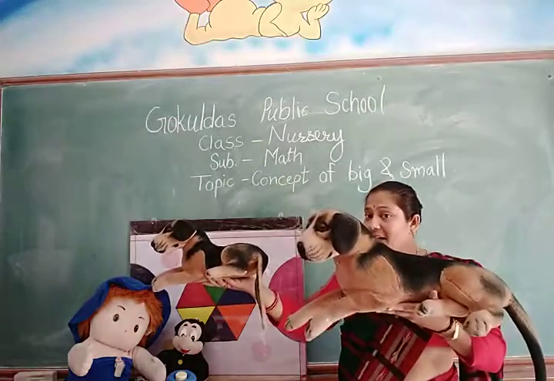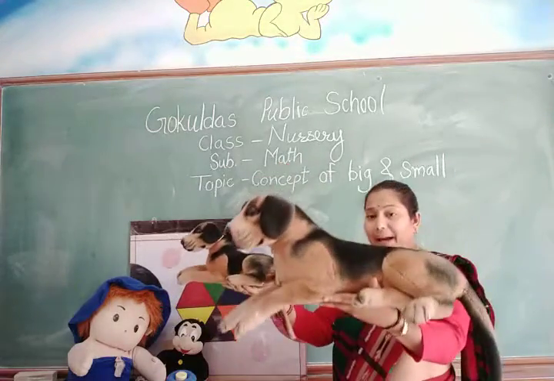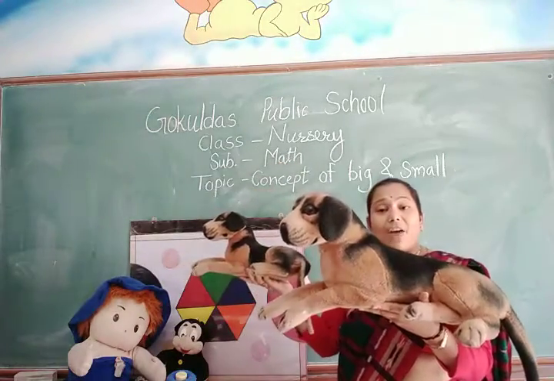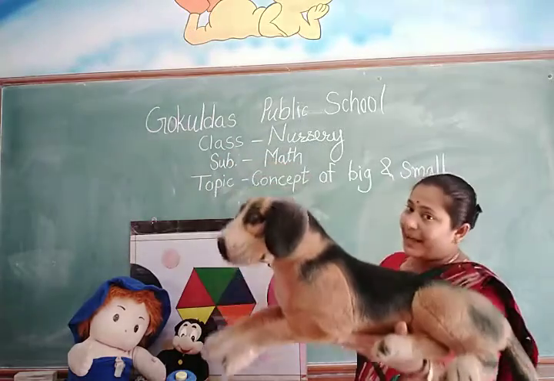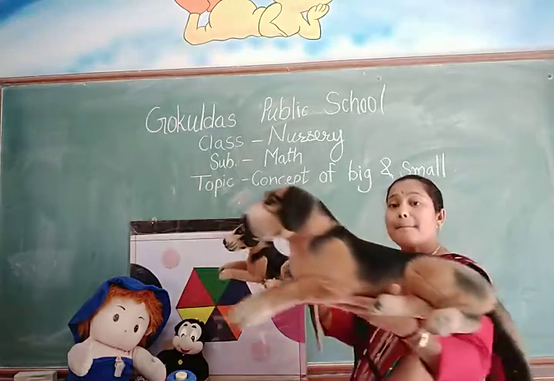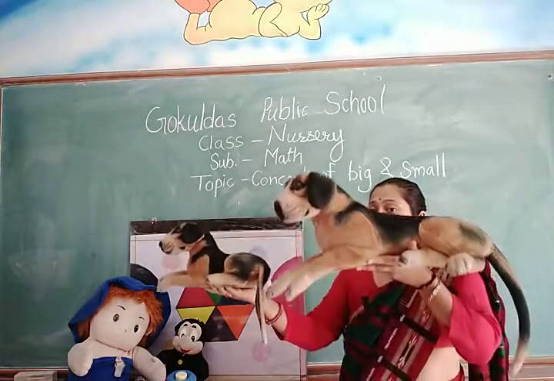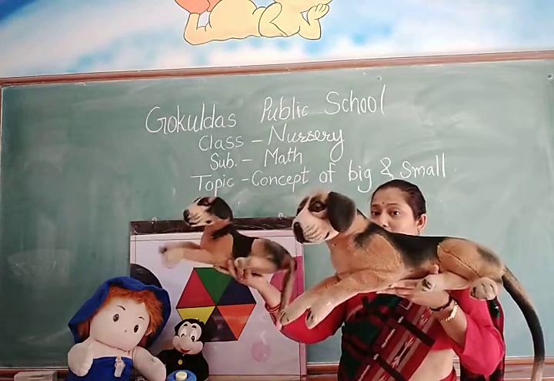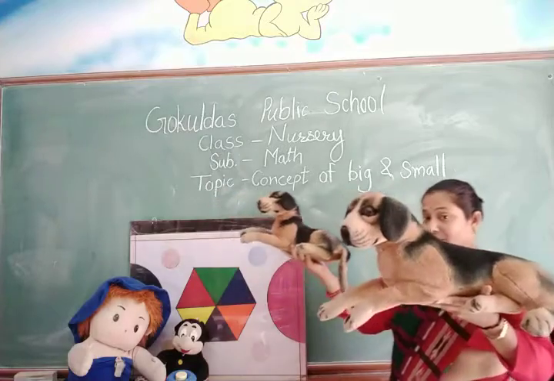This is a big and this is a small. Big dog. Repeat after me. This is a big, big dog. Small dog, big dog. Big dog, small dog.